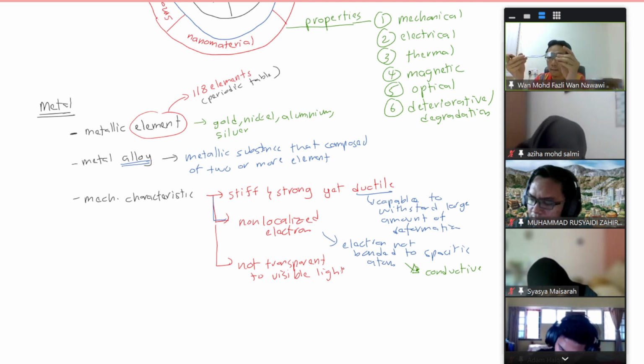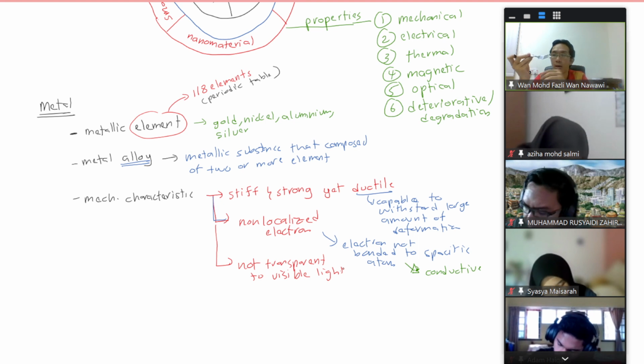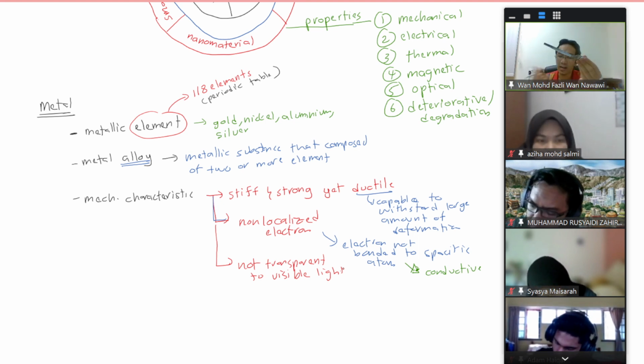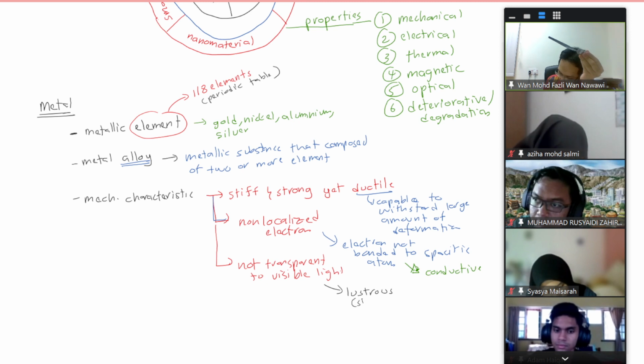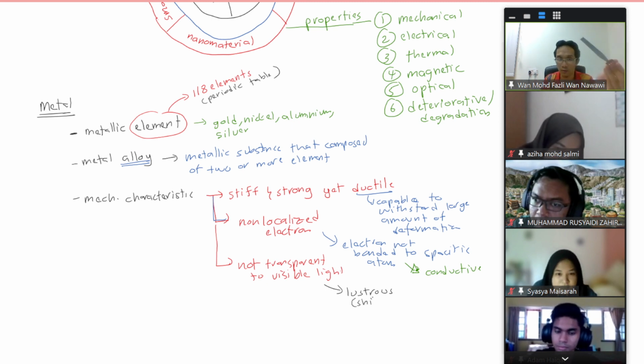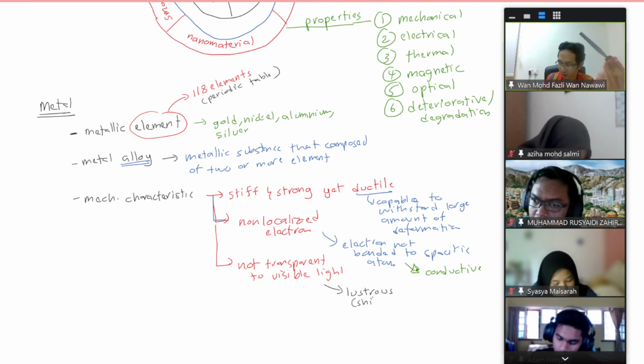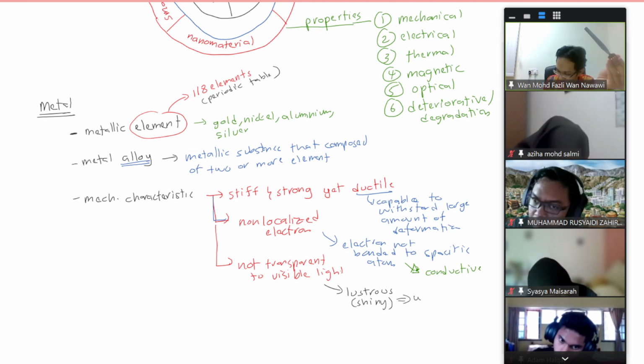The properties behind why that happens are quite interesting. So metal is not transparent to visible light. If you polish it further, metal gives this shiny, or lustrous, look when polished.